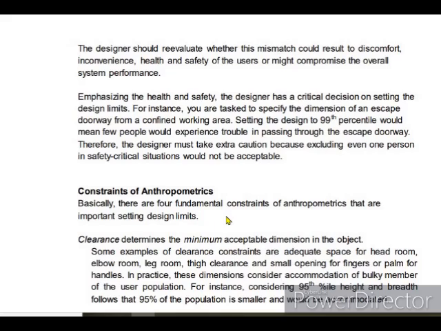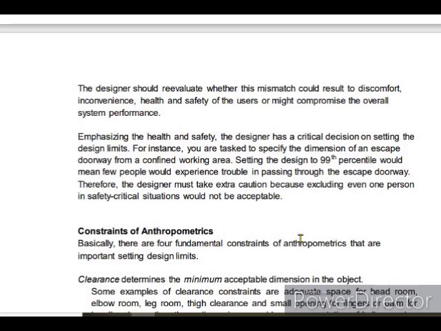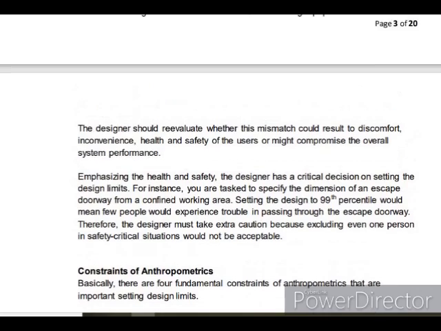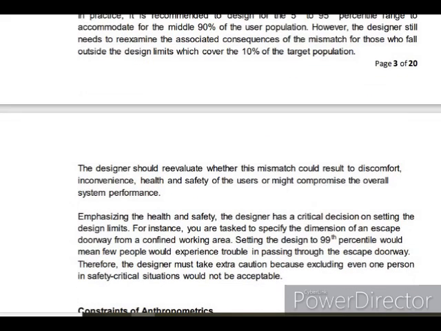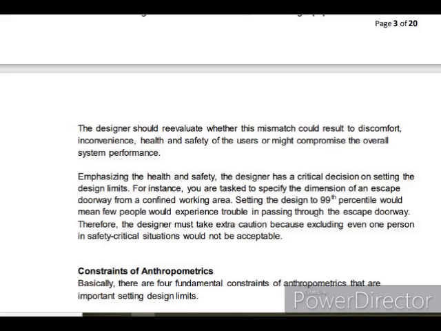So from a confined working area, setting the design to the 99th percentile would mean few people would experience trouble in passing through the escape door. Why? Because based on the statements a while ago, the middle 90% is our base, so increasing it to 99% will make some of the population have some trouble in passing through.